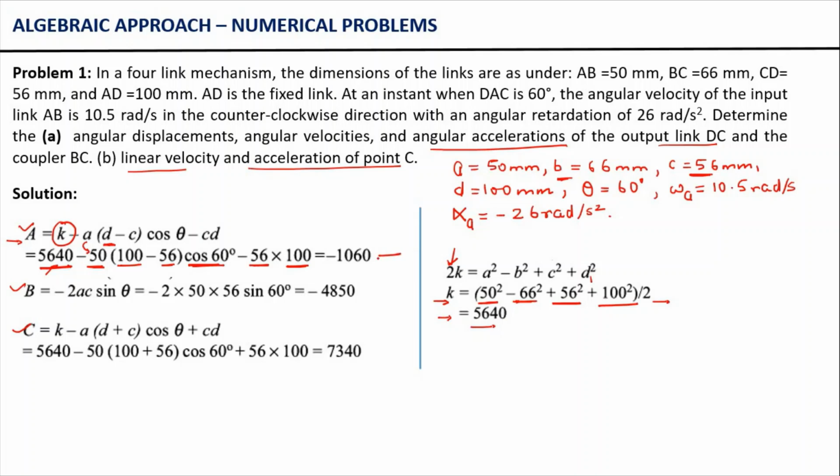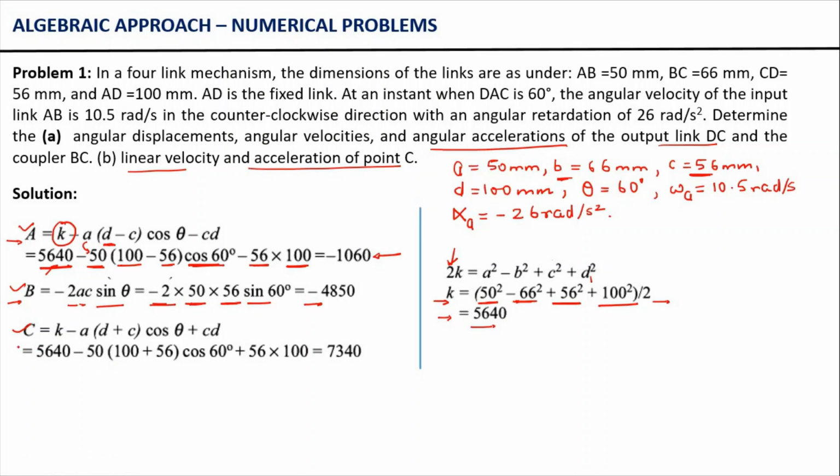So finally the value of A is equal to minus 1060. Similarly, we can calculate B. B is equal to minus 2 a c sin theta. So this will become equal to minus 2, now the value of a is 50, the value of c is 56, and then we have sine of 60 degrees. So this will be equal to minus 4850.